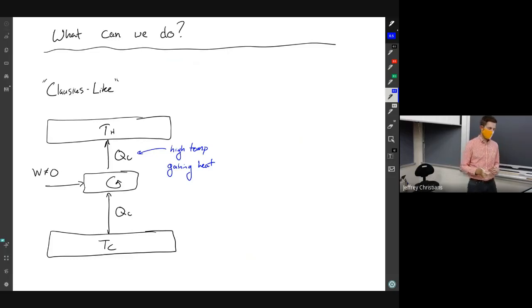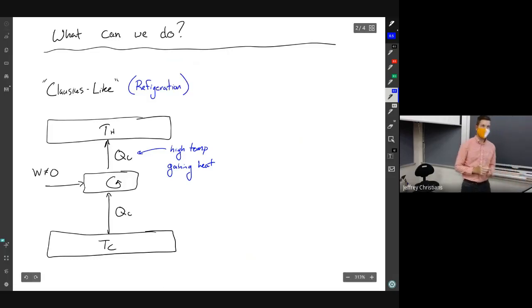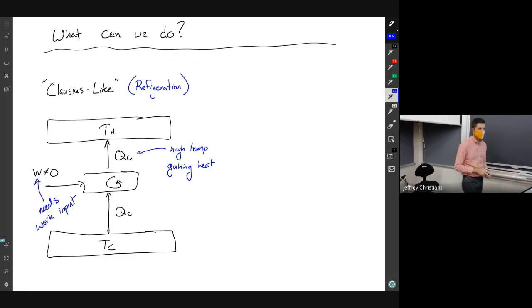This is a refrigeration process. But for a refrigeration process, this needs a work input, right?